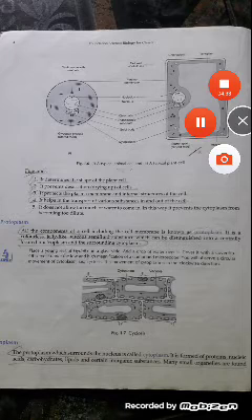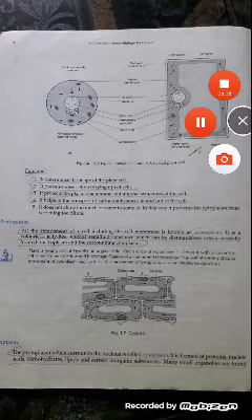Now let us observe it under the low and high magnification of a compound microscope. We will observe a circular movement of cytoplasm, also known as cyclosis. This movement of cytoplasm is in the clockwise direction.